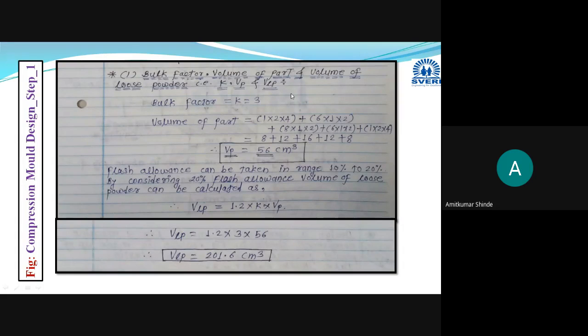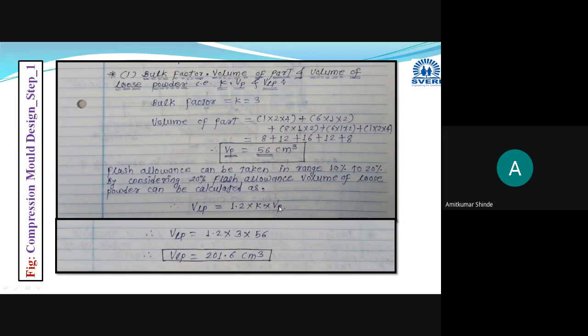As the bulk factor value is provided, we have to calculate the volume of the loose plastic powder. You have to use this formula. Why is this 1.2 taken here? We have considered the flash allowance. Some extra material will flow out during the compression or pressing operation. For that, a 20% flash allowance is considered, so 1.2 K into VP. VP is the volume of the part, or volume of the molding.